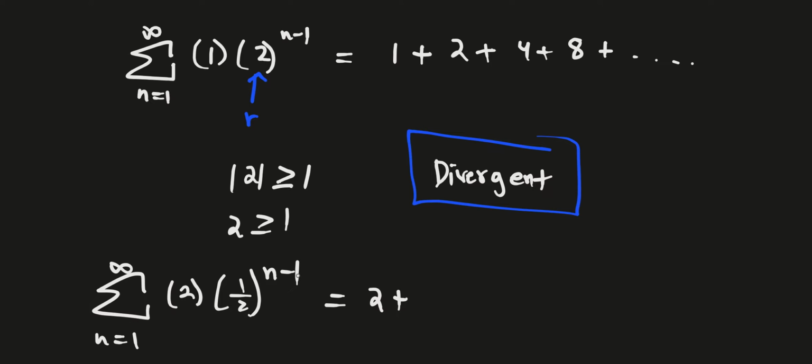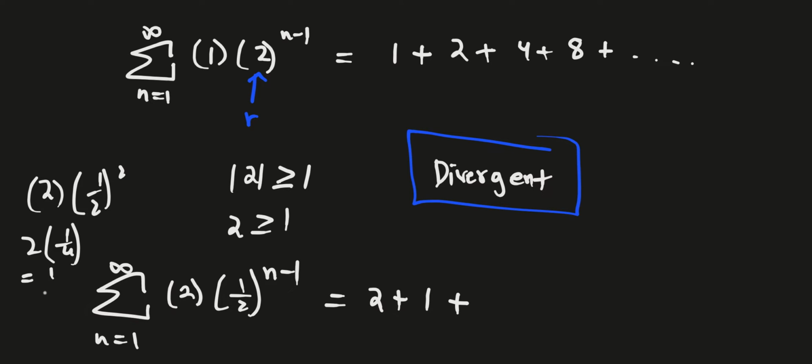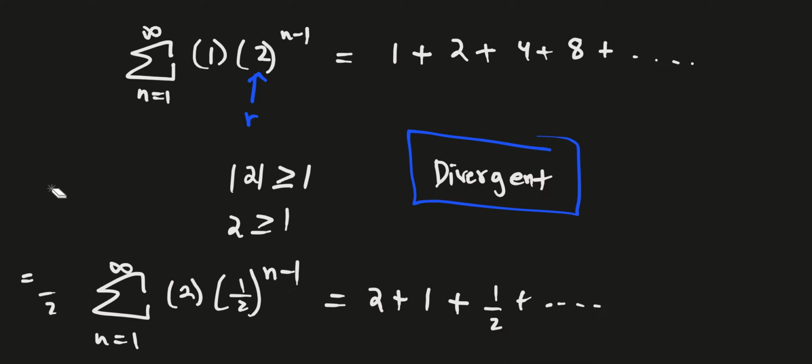When n equals 2, we have just 1. When n equals 3, we have 2 times 1/2 squared, which is 2 times 1/4, and that gets you to 1/2. Notice that it looks like it's converging to some value. But you shouldn't just quickly assume, you should check.